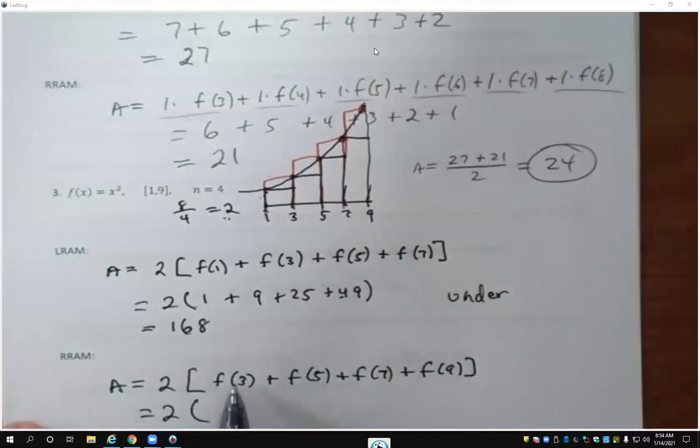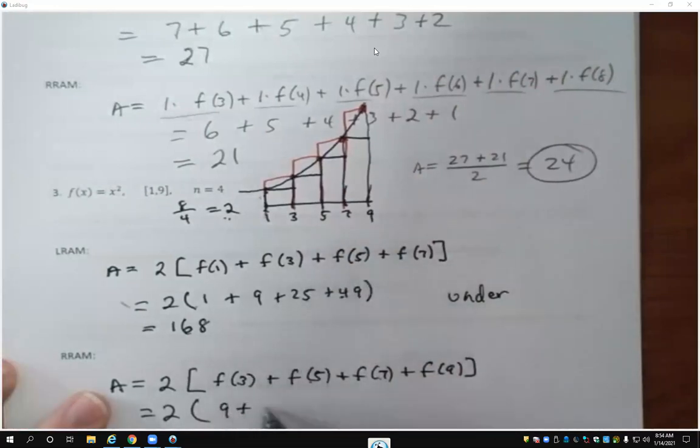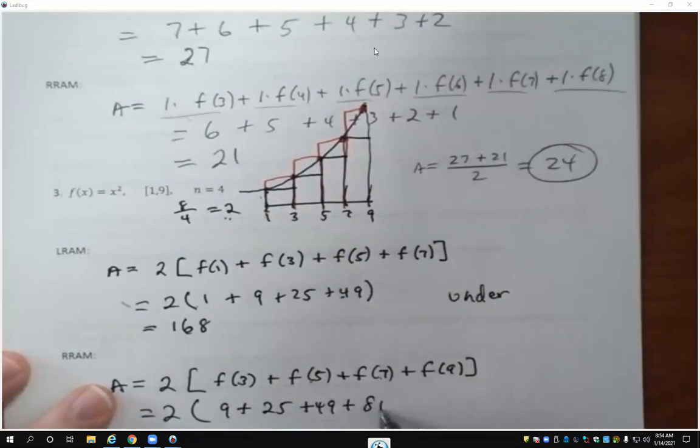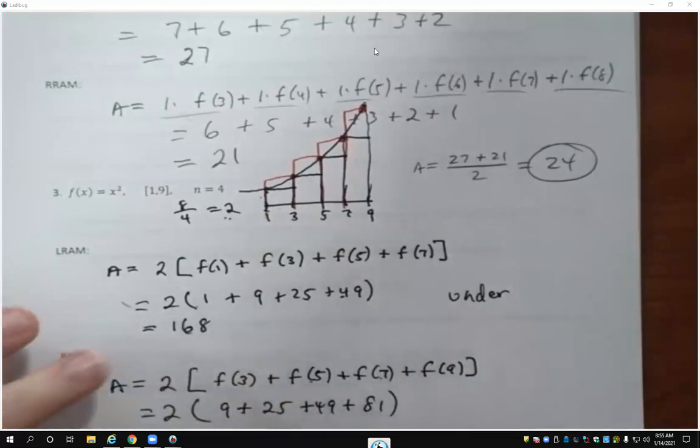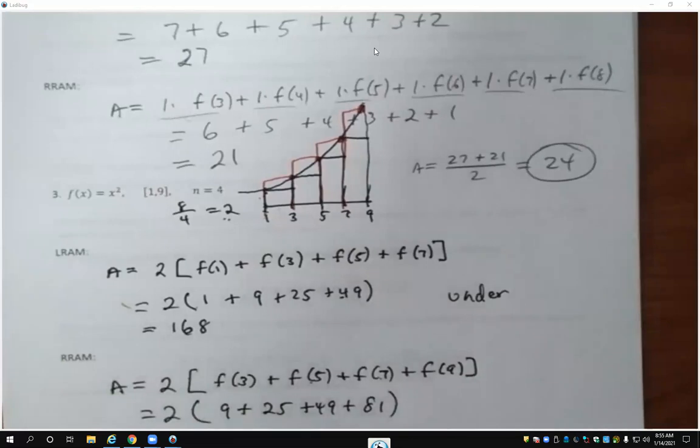Like I said, the first 3 are going to stay the same because you did them up here. So we have 9 plus 25 plus 49, and then f of 9 is 81. We add that all up, we multiply by 2, and we get 328.